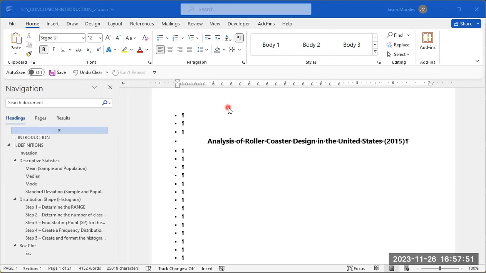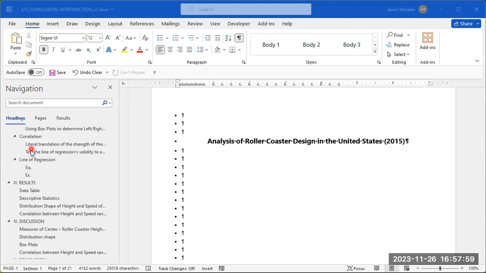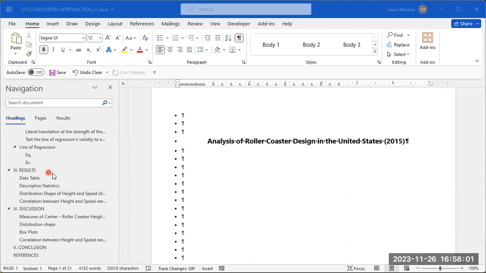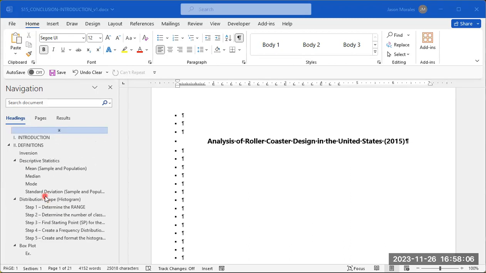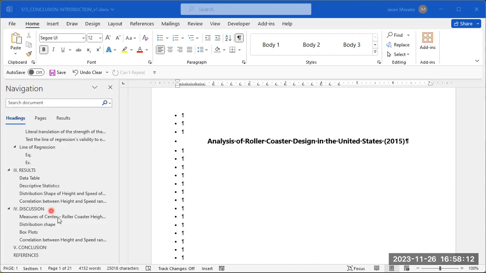Okay, so now everything has been done, from definitions through your results and your discussion. So you've pretty much finished the bulk of your entire report.